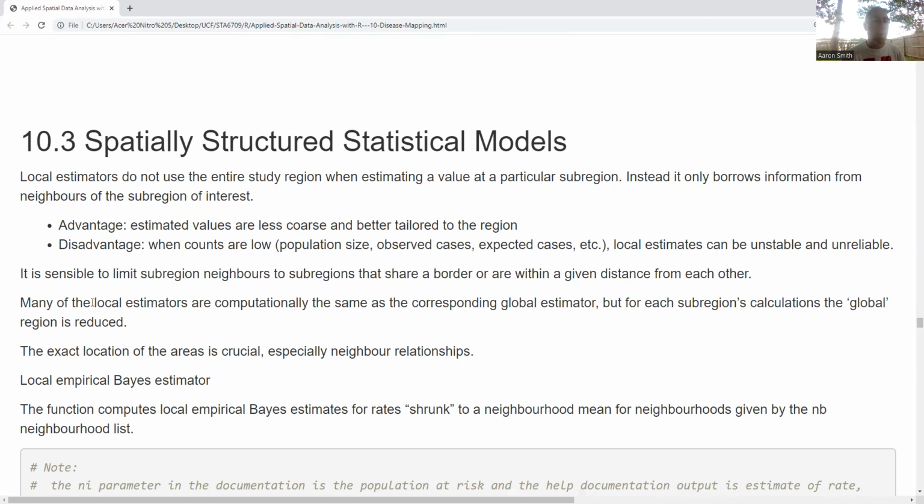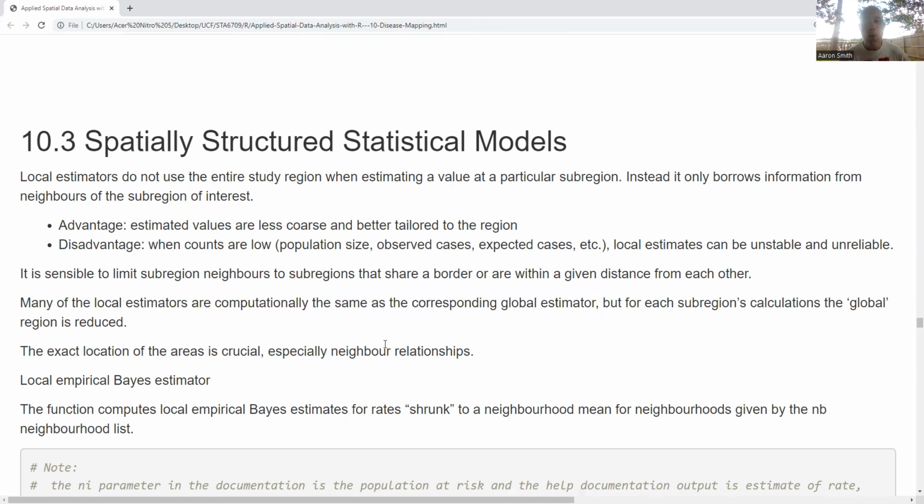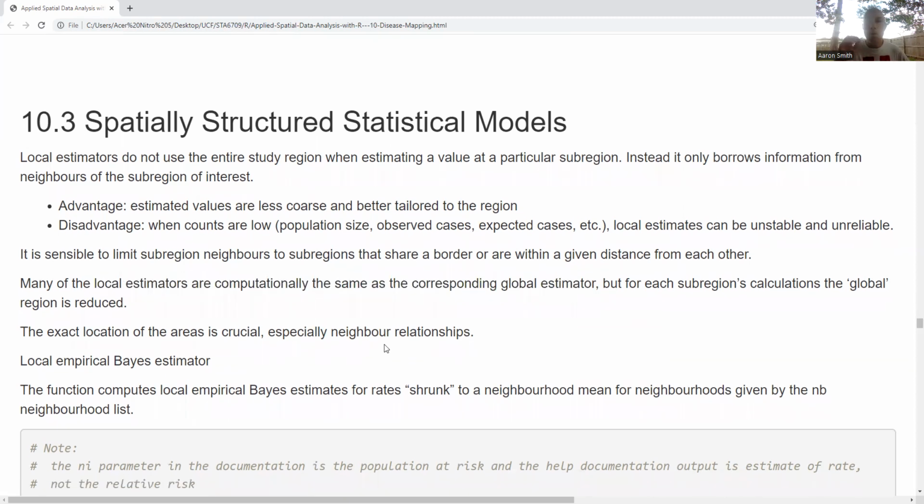A lot of the local estimators are basically the same estimators as the global counterparts, but subregions are calculated using modified global regions, is really how mathematically it works out. I would always analyze the global structure first to make it easier to interpret.